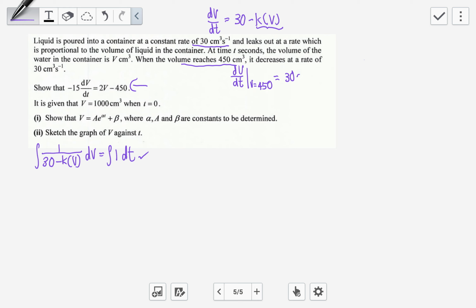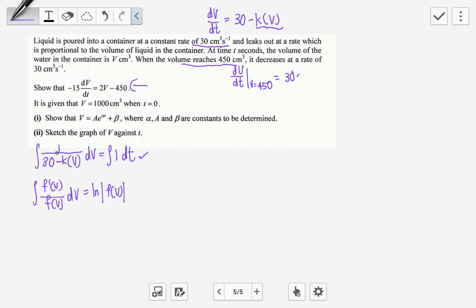Alright, and when we integrate, k is just a constant. Now we are integrating with respect to the variable V, so we just think of k as a constant. To integrate this, we make use of the fact that whenever the numerator is the derivative of the denominator, we will just use the ln of the denominator.